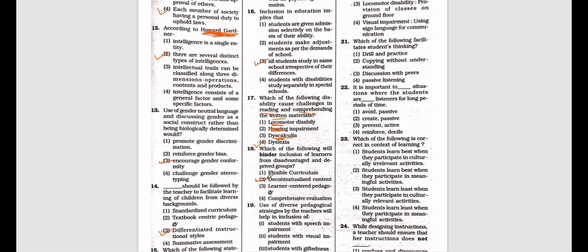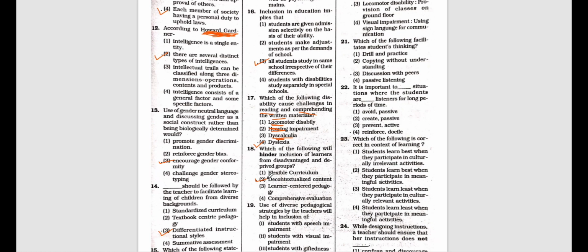Decontextualized assessment includes written exams and term papers which are suitable for assessing declarative knowledge and do not necessarily have a direct connection from classroom to the real life context. This is the reason why it hinders inclusion of learners from disadvantaged and deprived groups of children, right?